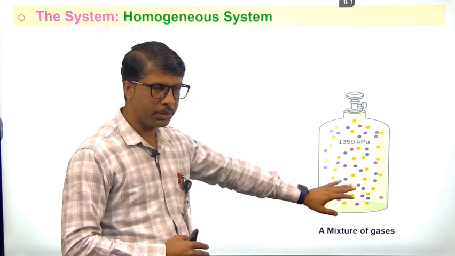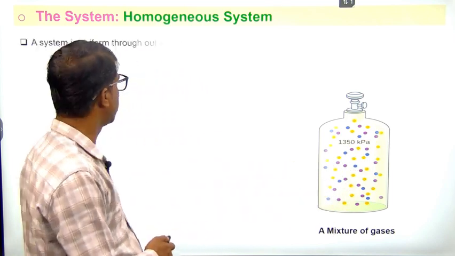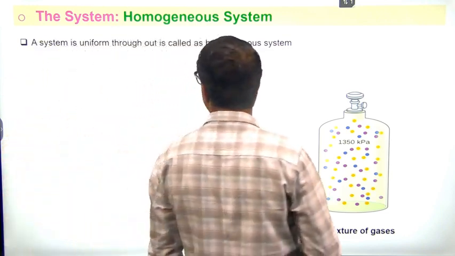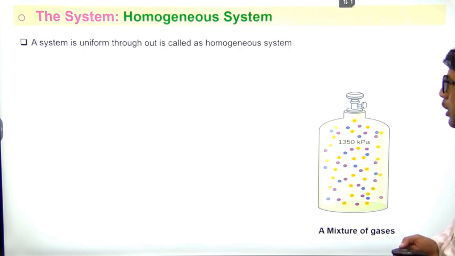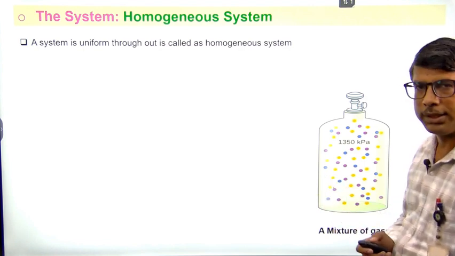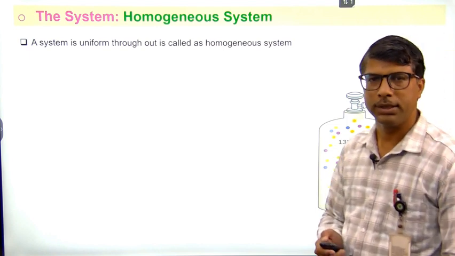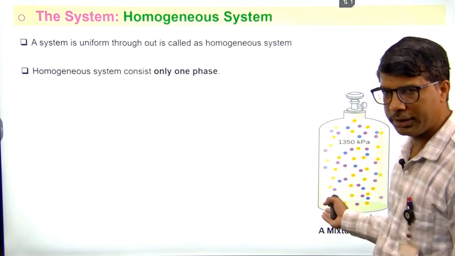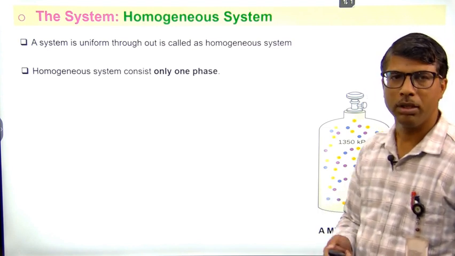So this type of system is called a homogeneous system. On the basis of the number of phases and uniformity, the system can be differentiated, first, into a homogeneous system. A system that is uniform throughout is called a homogeneous system. In this homogeneous system only one phase is there, in this case the gaseous phase.